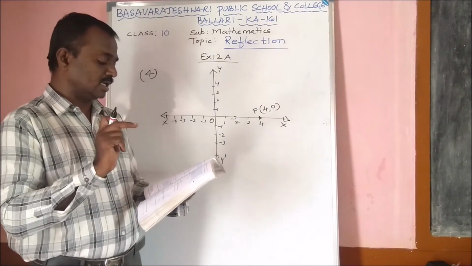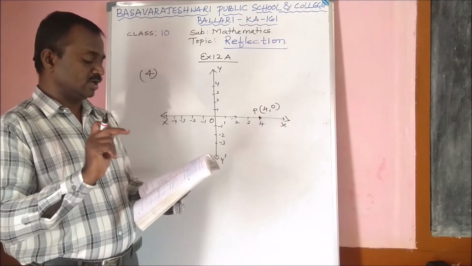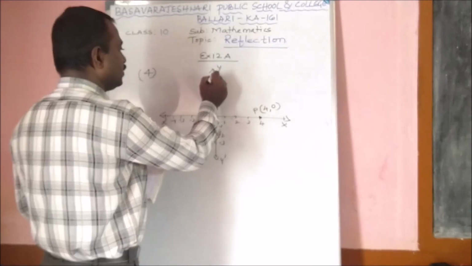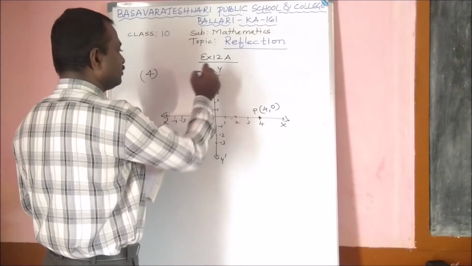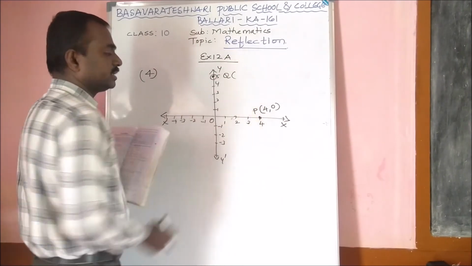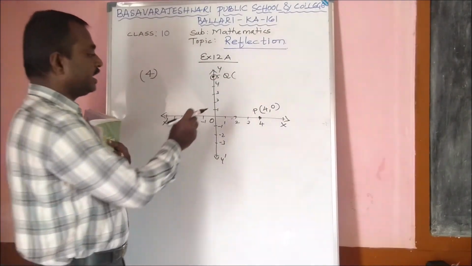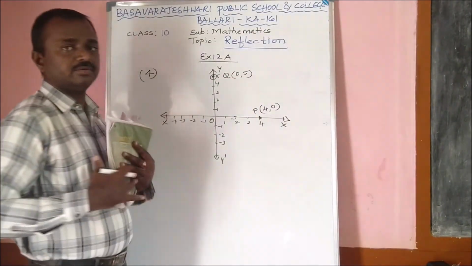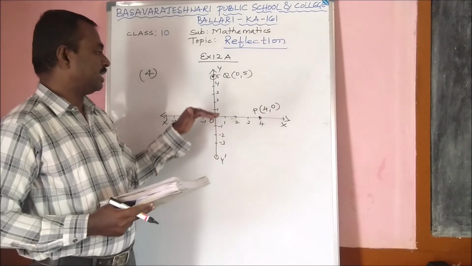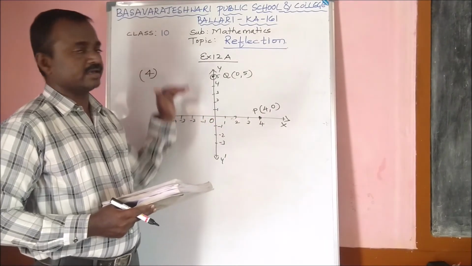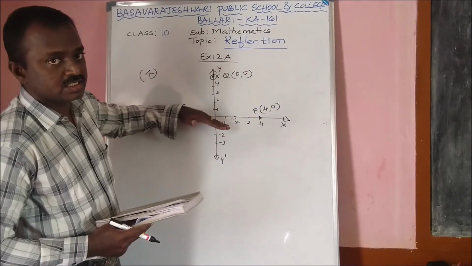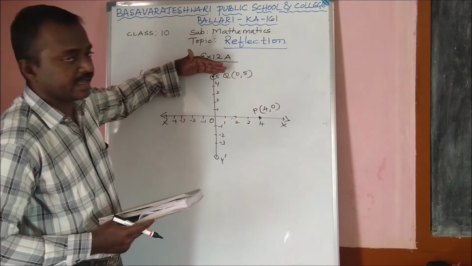Fifth question: a point lies on the y-axis at a distance of 5 units from the x-axis.